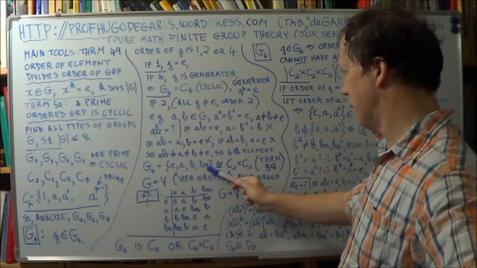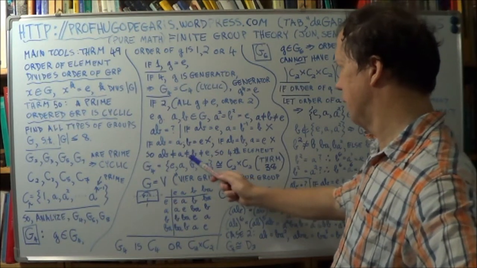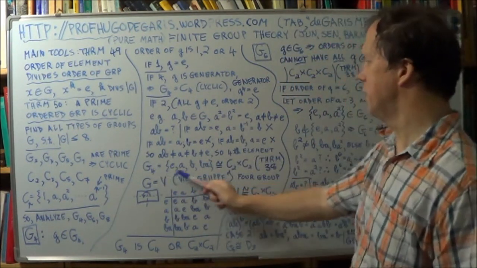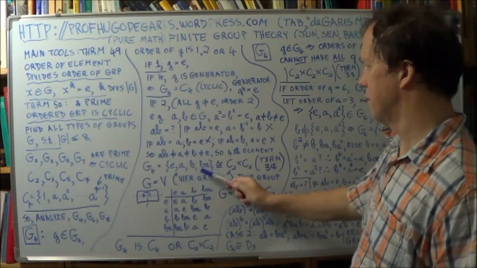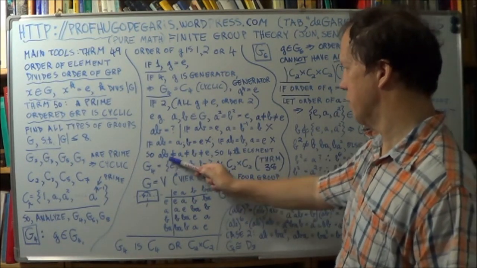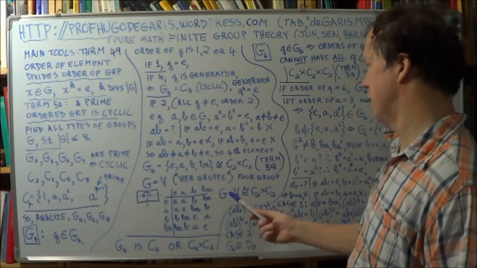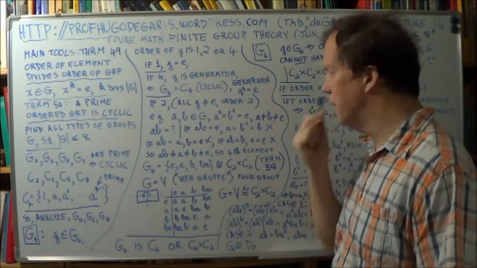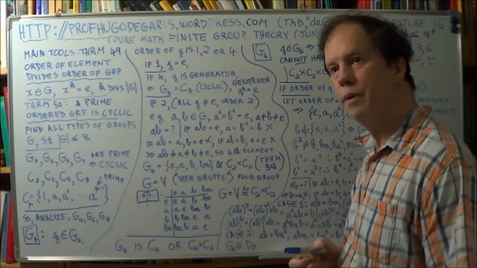Is that obvious? Is AB equal to BA? Well, I'll assume it is. Okay. Anyway, so here's your group, right? So this must be one of the terms, and so is AB equal to BA? Given that A and B are both.